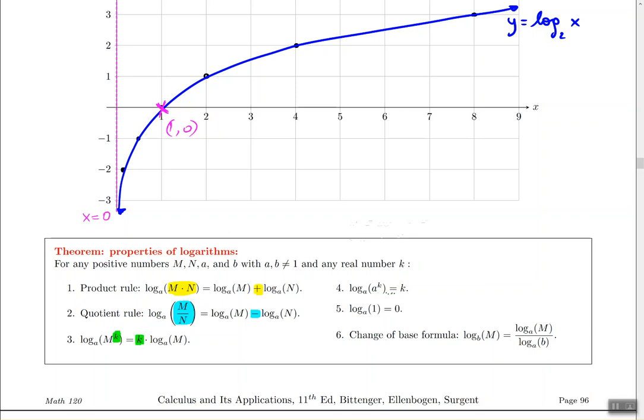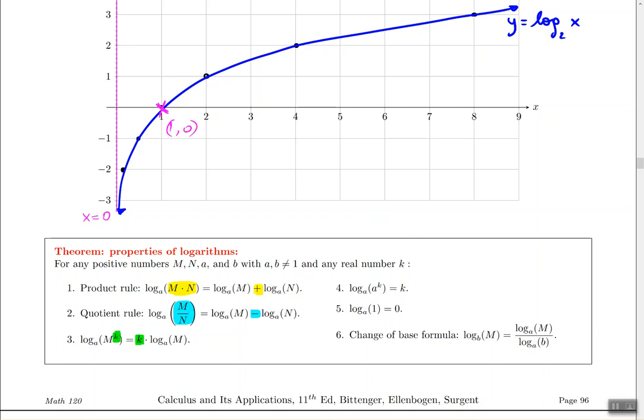Why? Think about what it means to write log base a of a^k. We're looking for what power you put on top of a to make it equal to the argument a^k. In that case, it's obvious the number should be k, because that's the number written on top anyway.